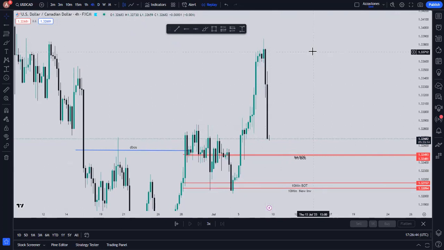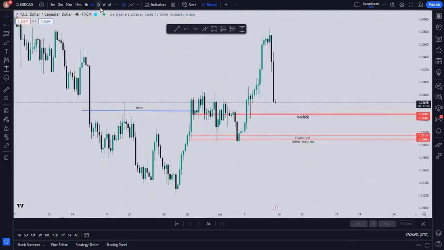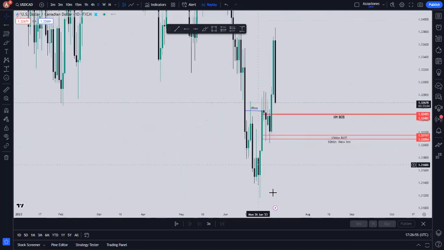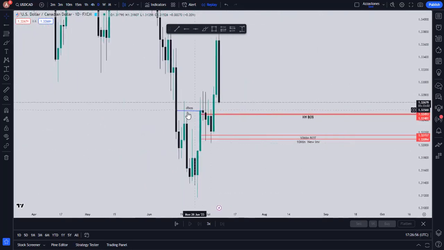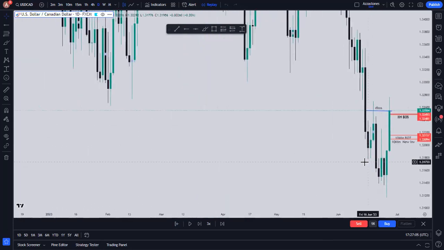So for next week, I'm sure we're going to buy this USD CAD. Yeah, that's how things work. The first indication is a break of structure around here that made us take this trade.